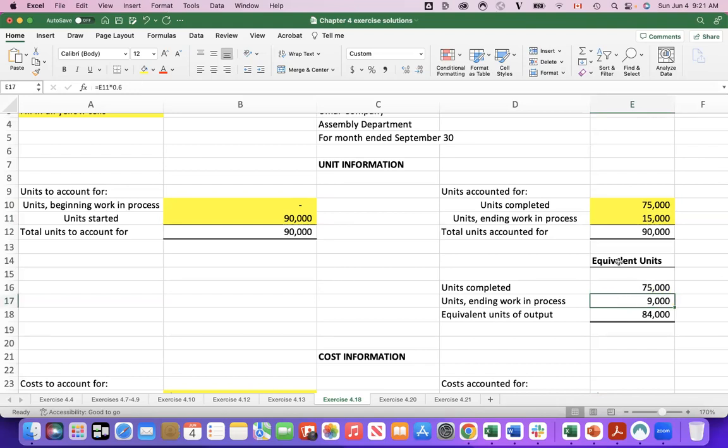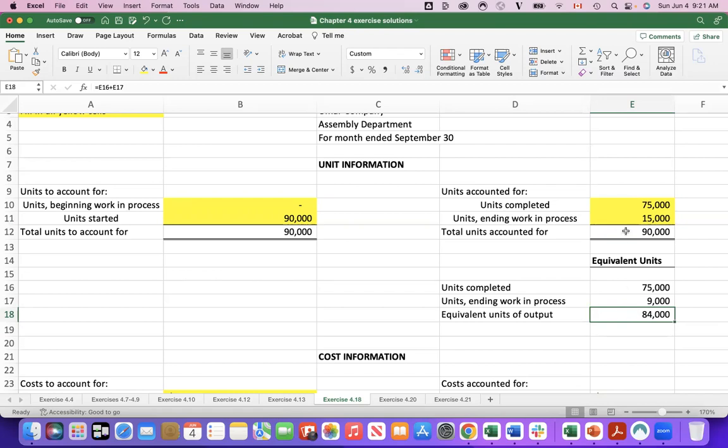And remember, this equivalent units figure is a theoretical output. Based off of the effort and the cost I incurred during the month of September, I could have fully completed 84,000 units. And remember, why do we want to calculate this number? Because it's going to be the denominator in our cost per unit calculation.